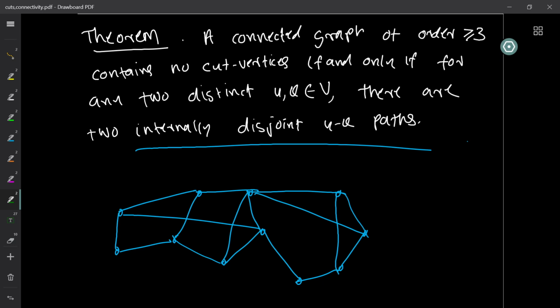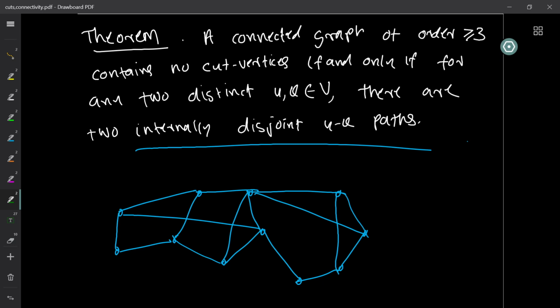Now here is a theorem that will be very useful for us. A connected graph of at least three vertices which does not contain any cut vertex can be characterized as the set of all graphs where for any two distinct vertices there are two internally disjoint paths between them.